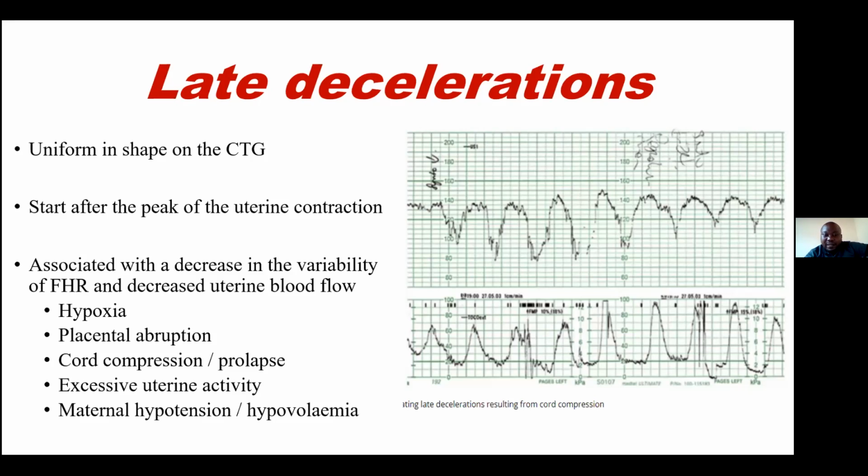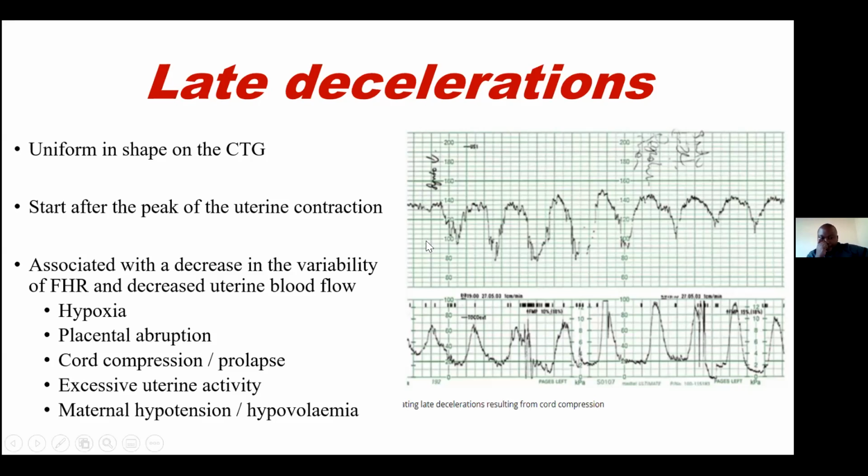After it, on the top, you will see a deceleration even down to 60 beats per minute. This is very, very bad. It is a sign of hypoxia, placental abruption, cord compression, or prolapse. So think about possible differentials when you have such a CTG image.